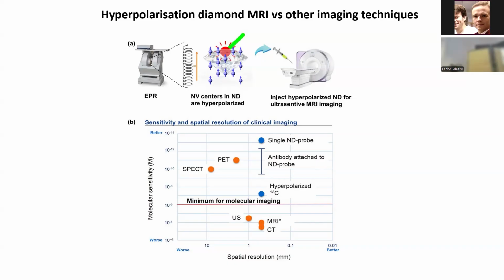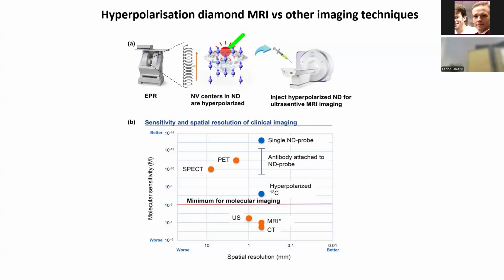Usually ultrasound, MRI, or computer tomography have a decent spatial resolution, but they cannot image tiny concentrations, or don't have chemical specificity. So they fail in terms of molecular sensitivity.